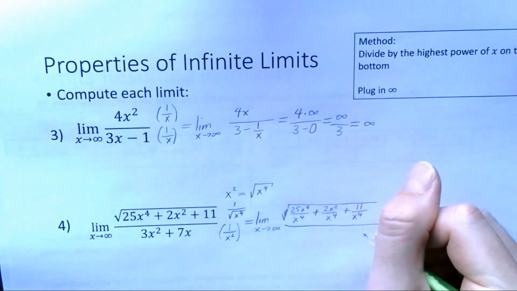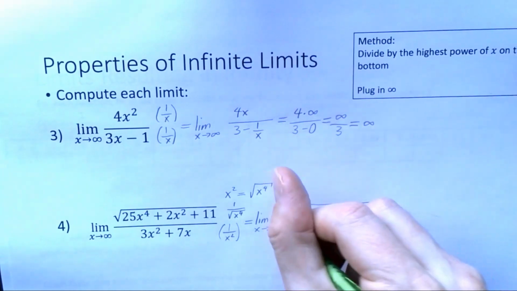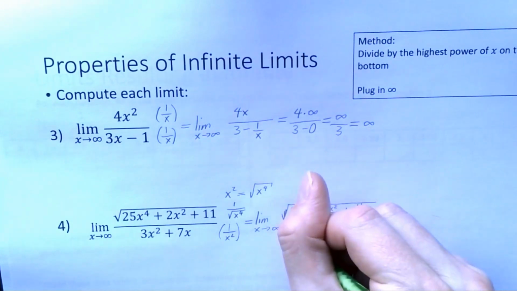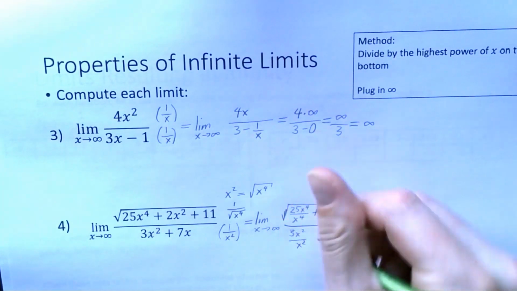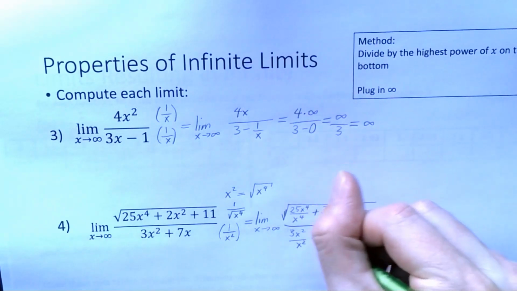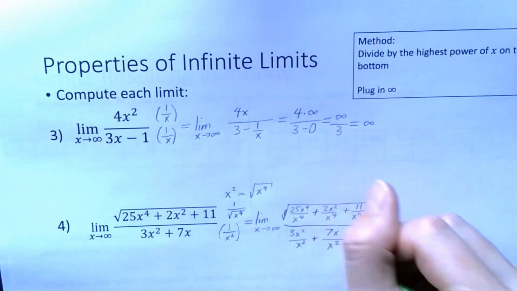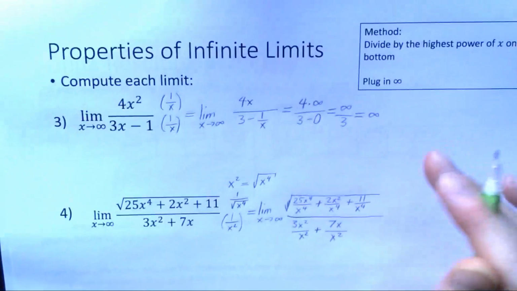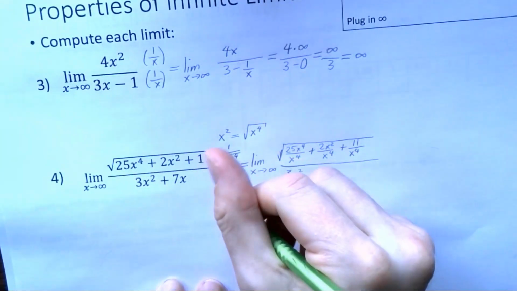And on the bottom, we have 3x squared divided by x squared plus 7x divided by x squared.